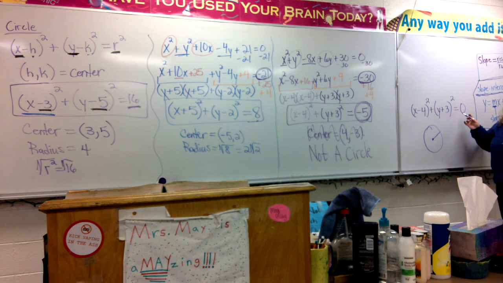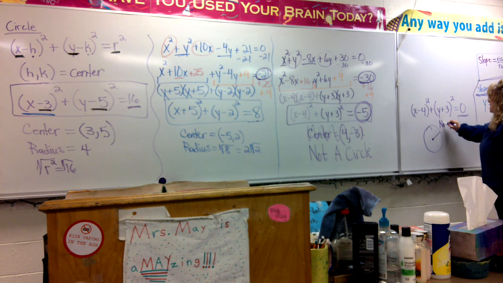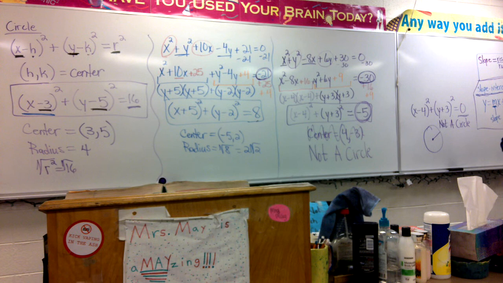But what's the radius? 0. Is it possible to have a circle with radius 0? I wouldn't think so. Again, if you end up with radius 0, this thing is not a circle. What is it, Darius? A point. Yeah, it's just a point. It's not a circle.